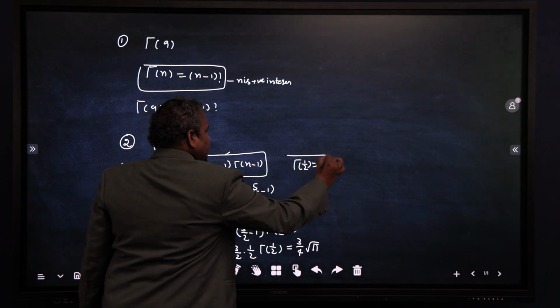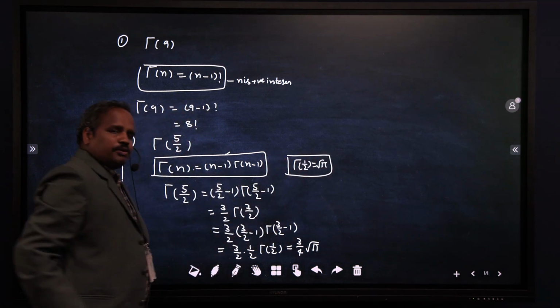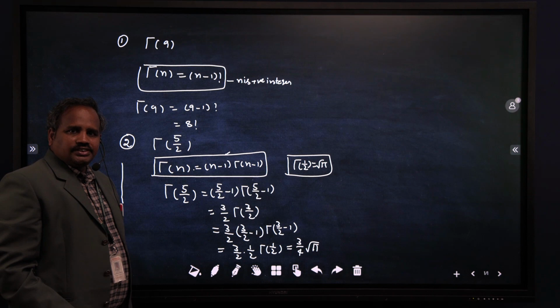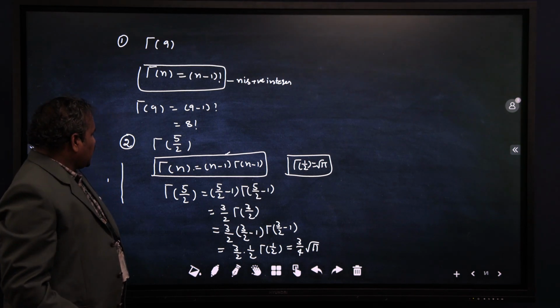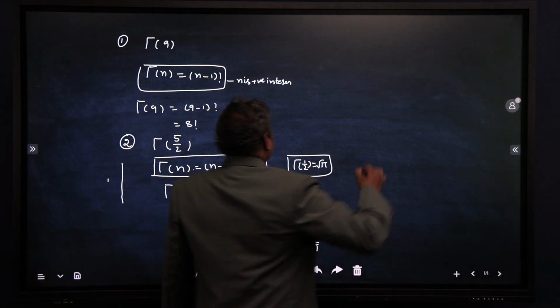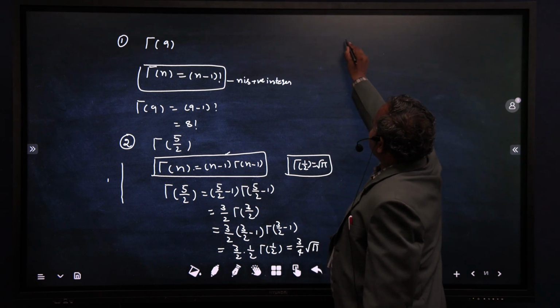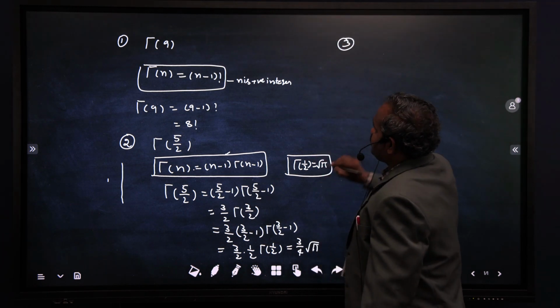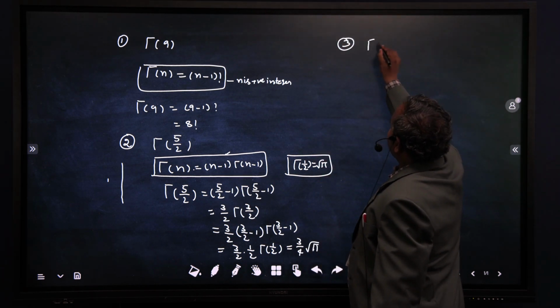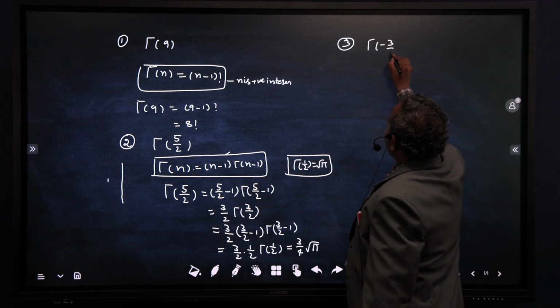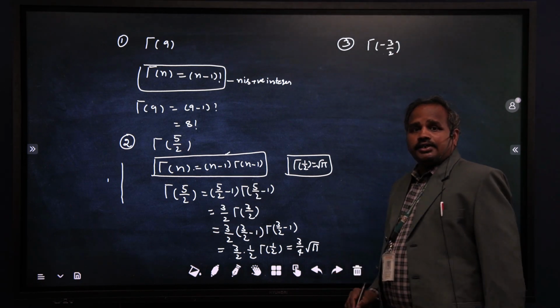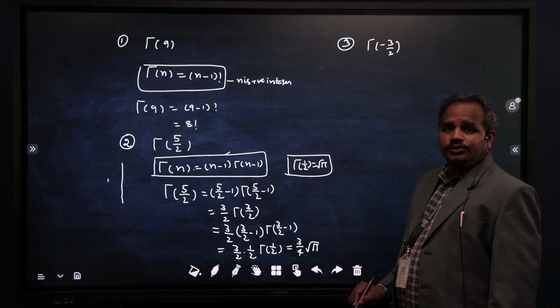In the next lecture, we will discuss why gamma of 1 by 2 is equal to root pi. Now we are doing one more problem on this gamma function: gamma of minus 3 by 2. Here n is a negative rational number.